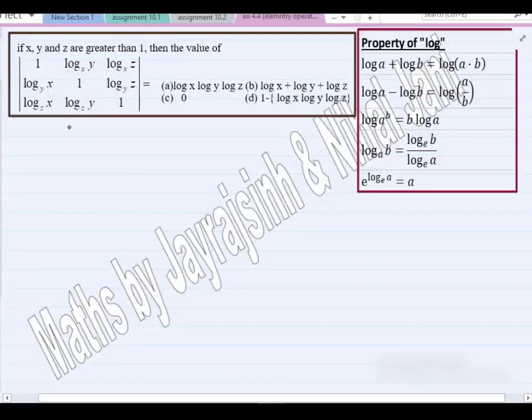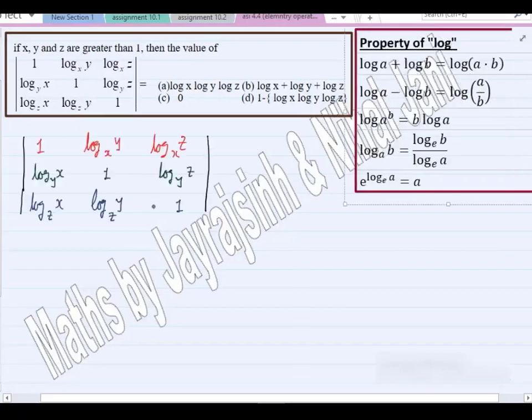In this question, you have to find the value of this determinant if x, y, z are greater than 1. Now, before we apply the rules of determinant or expand, first of all, we have to simplify using the properties of log. We are going to use the fourth property, change of base, on each element of the determinant here.